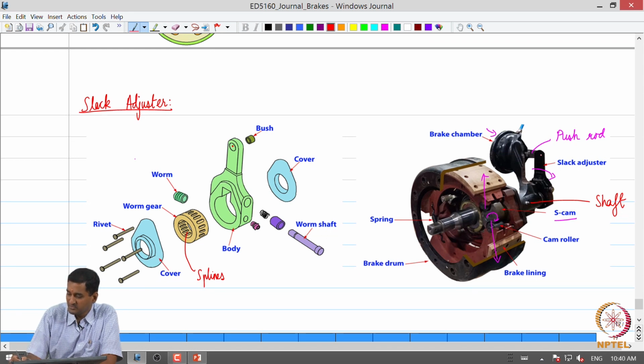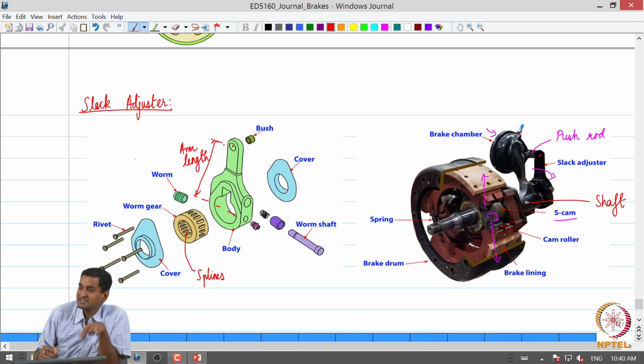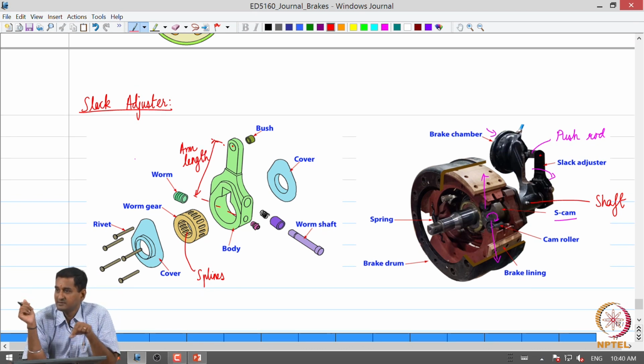So, the push rod is mounted at this point. Okay. So, if you look at the slack adjuster arm length, it is the distance between the center of this mounting hole and the center of the spline shaft. Okay. So, that is the slack adjuster arm length.